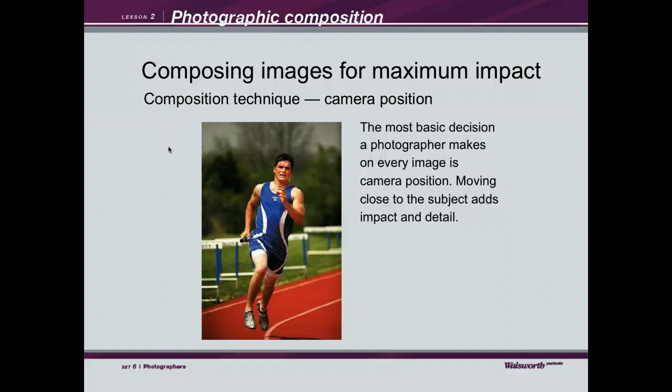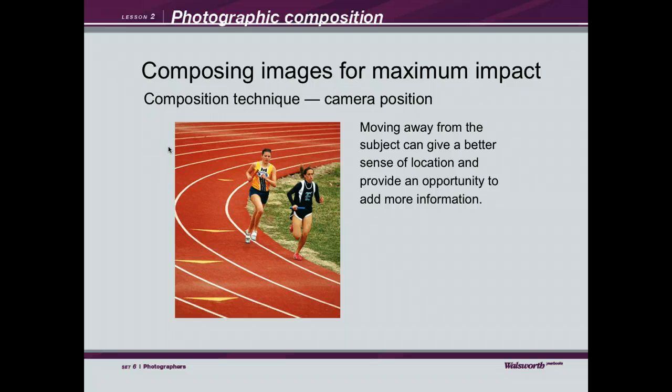For example, this photo of the young man running, the person either got close or used a telephoto lens to give the visual illusion of being close, or do I want to move away from my subject in order to give a better sense of location and also provide an opportunity to add more information?